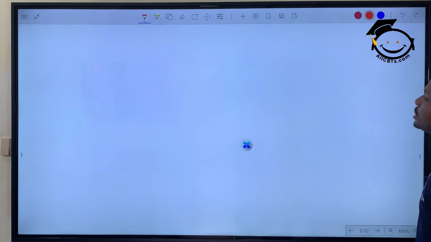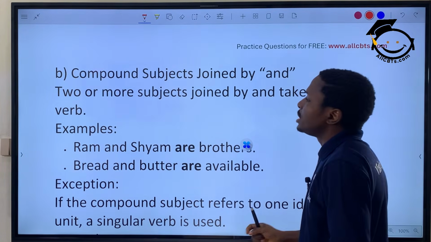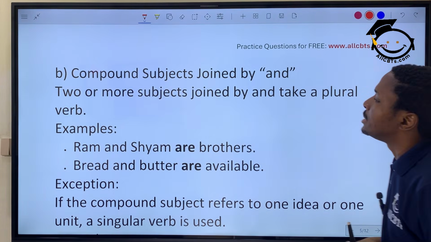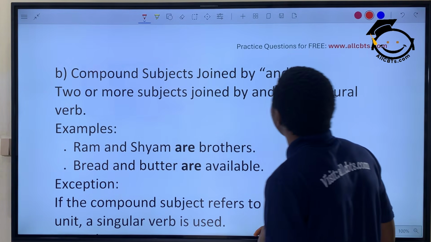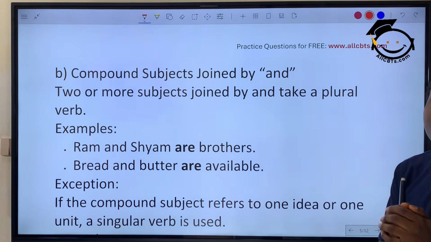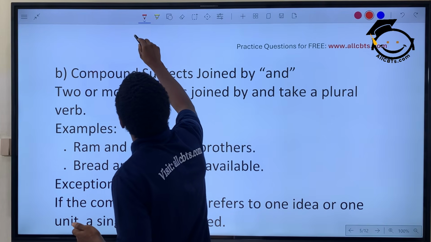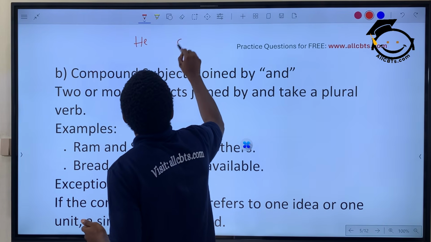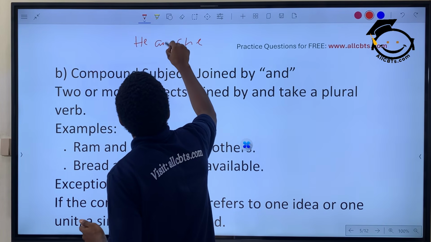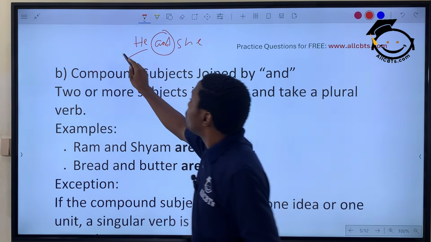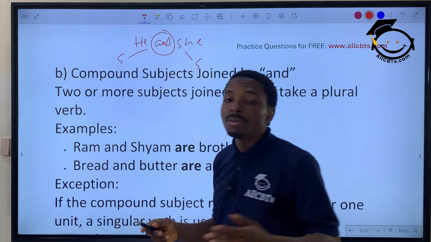Okay. Now, moving forward. Compound subject, another rule. Rule 2. Compound subject joined by and. Two or more subjects joined by and take a plural verb. Why? Because once you have said, let's say, he, then you join it with and, he was singular, one person, she was singular, one person.